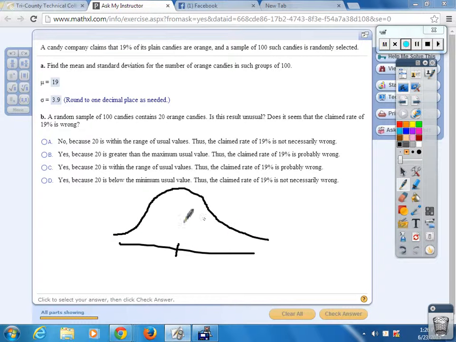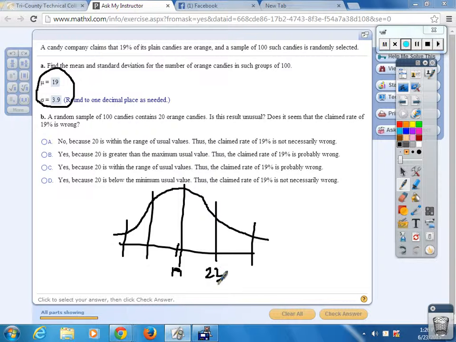Is this going to count? Yeah, this one will count. Anytime you've got these two numbers, what should you draw? A bell curve. And 19 and 4 is 23, and 23 and 4 is 27. 19 minus 4 is 15, and 15 minus 4 is 11.